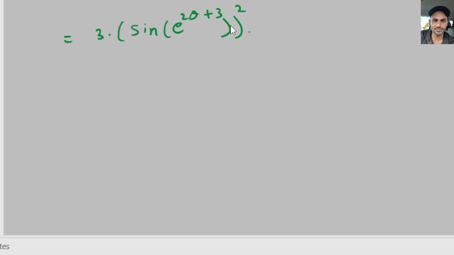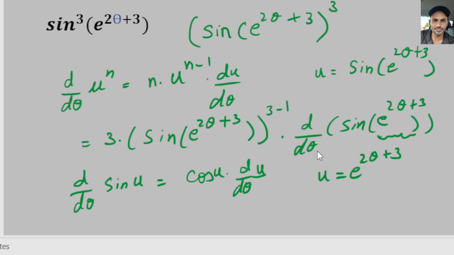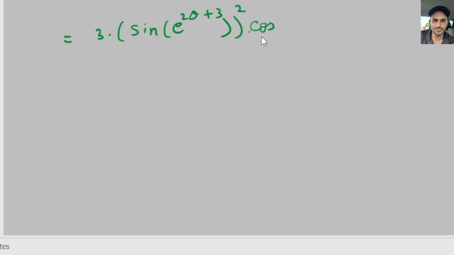So it's going to be cosine of u, which is e to the 2 theta plus 3, cosine of e to the 2 theta plus 3 times the derivative of e to the 2 theta plus 3.